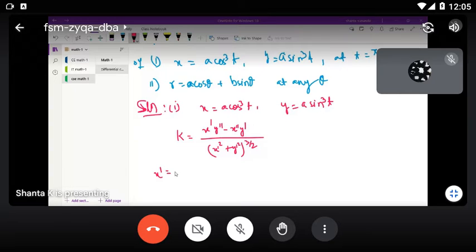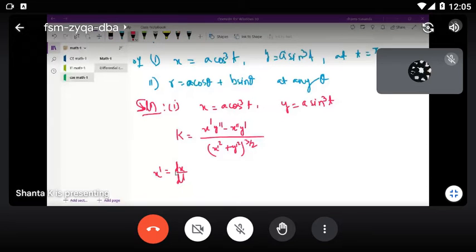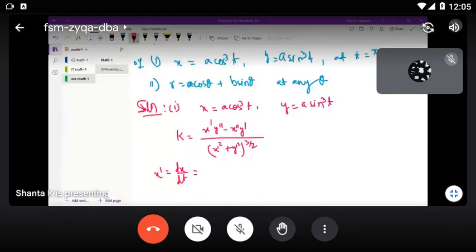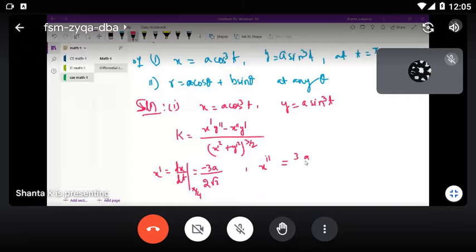So how much is it? Minus 3a by 2 root 2.